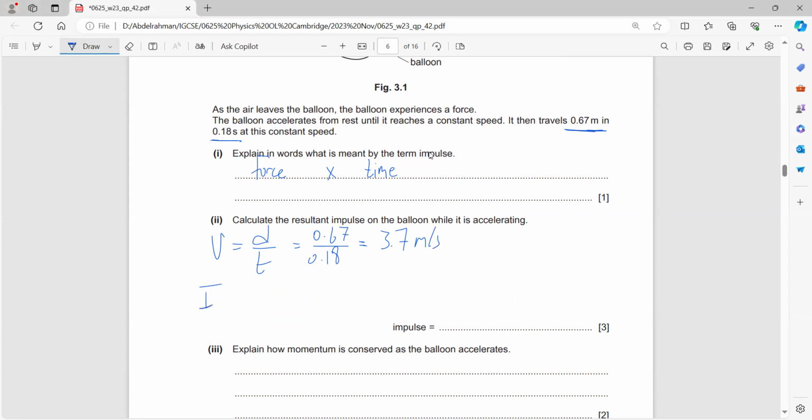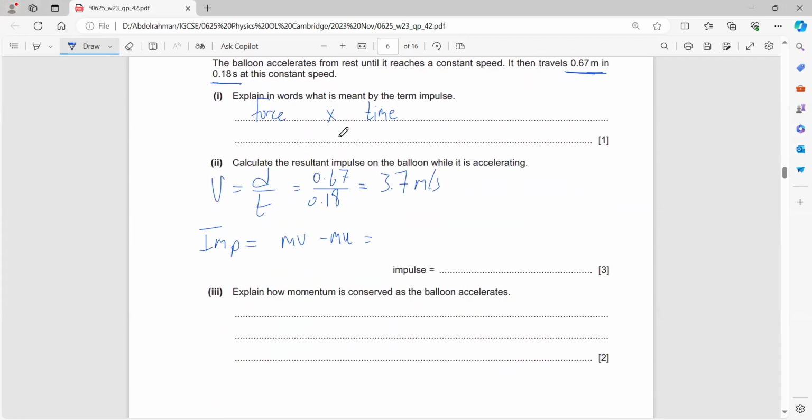Can I use impulse equals mv minus mu? Do I have the mass? Yes, it's 15 grams. Can I use 15 grams? We have to convert it to kilograms. What should I do? Divide by 1000, which will be 0.015 kilograms.